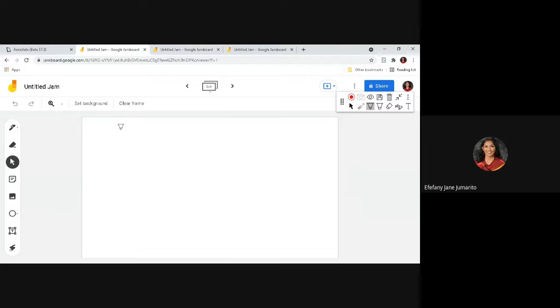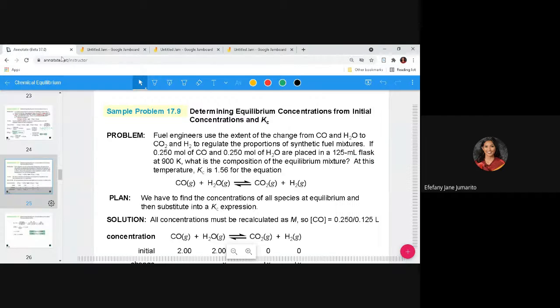We have CO plus H2O, and CO2 plus H2. Okay, that's it. Then the ice table.